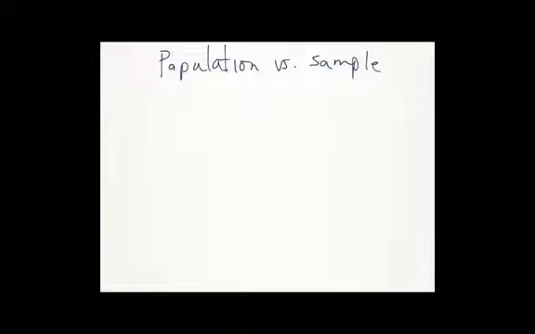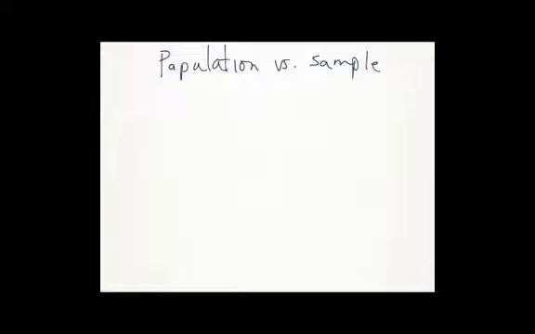Okay, so sometimes we want to know something about maybe an entire country. I'll use the example of the United States because that's where I'm located. So we might be interested, again, using that same example about how a new treatment for reducing blood pressure might affect everybody in the United States.